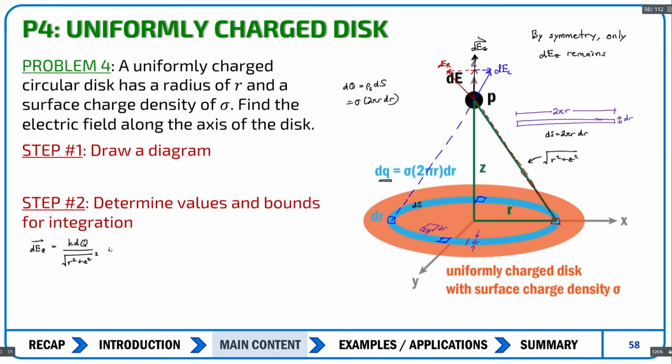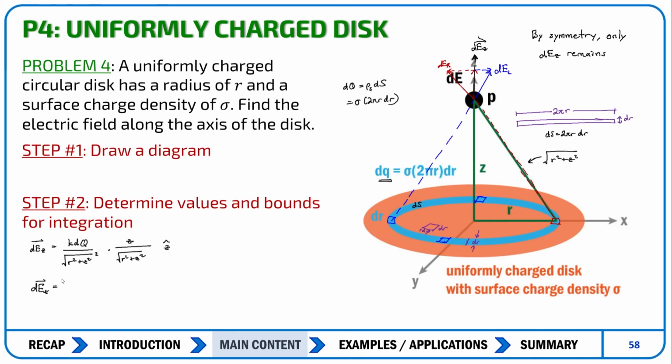Now we want the Z component. And the Z component is going to be, we have to think about it a little bit. We have X, Y, Z. And in terms of the Z component, it'll simply be Z over the square root of R squared plus Z squared in the Z hat direction. So overall, we end up with dEz is equal to k dq.